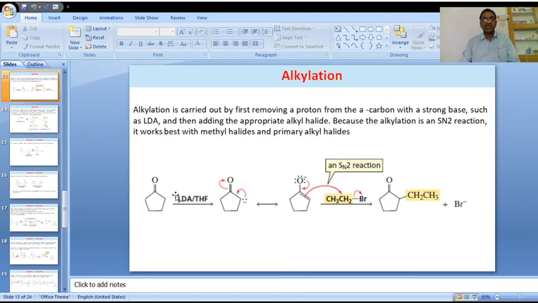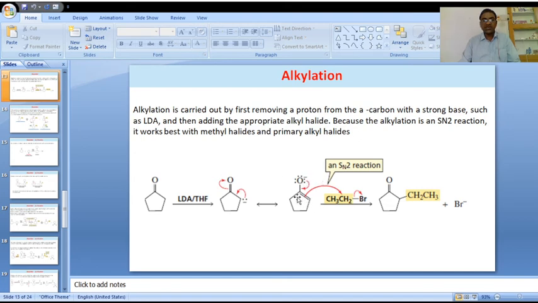Here, loss of alpha hydrogen. First the alpha hydrogen is lost, and we get this type of structure, carbon negative at the alpha position. We can write this structure or its isomer. If the negative charge shifts to this side, there is immediate cleavage of this pi bond and the oxygen atom gets negative.